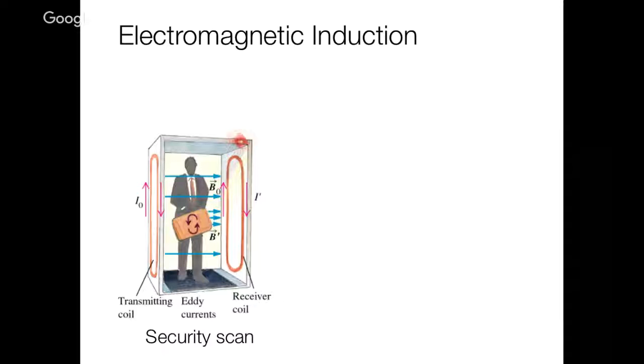Yeah. That's it, right? So this is it. On the outside here, we have a transmitter, so that's a current going around it. There's some kind of loop of wire there, and a current going around.